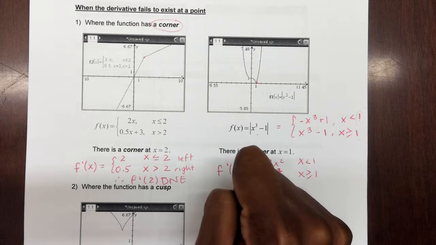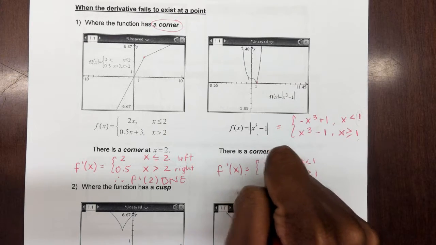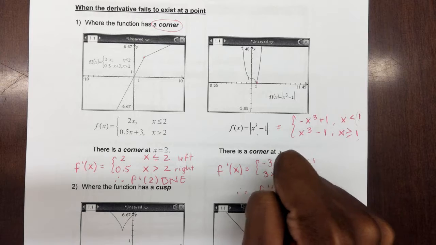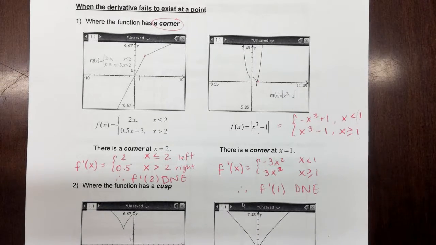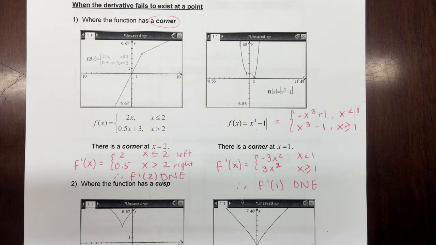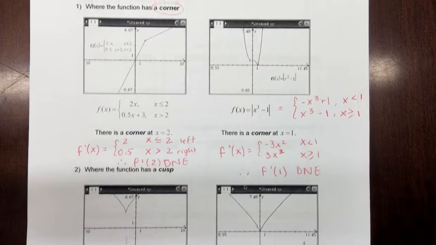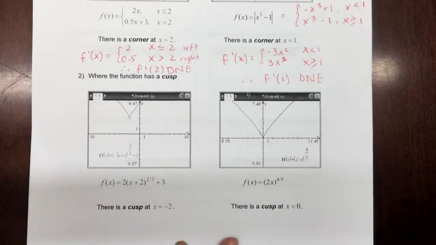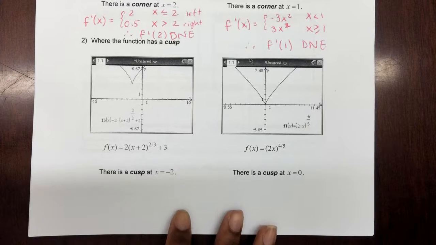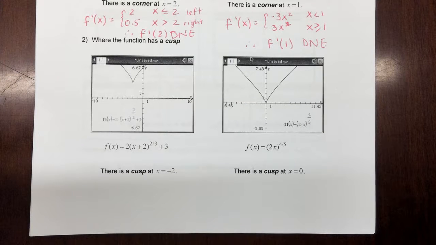Therefore, the derivative of f at 1 does not exist. We can use that same logic down at the bottom and show that those derivatives also do not exist.